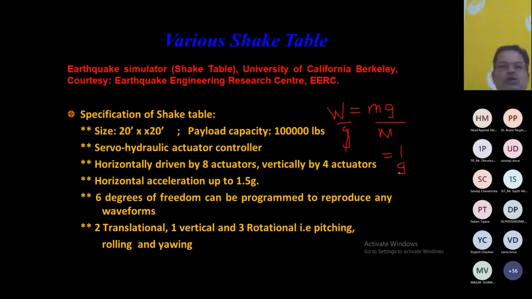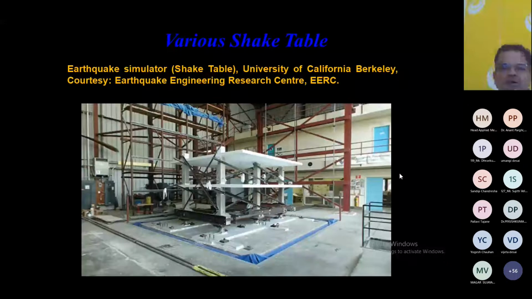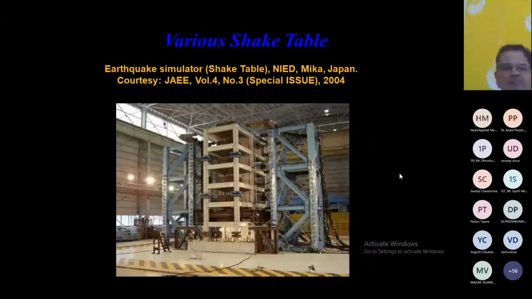So this is one of the best facilities available in international universities. You can see this is the earthquake simulator at NIED Japan, and this is considered to be one of the best facilities available internationally.